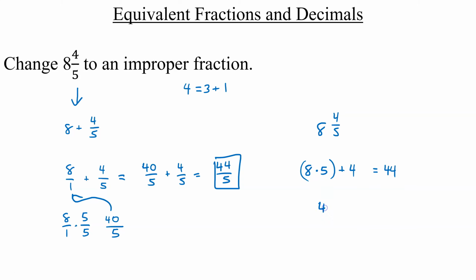And you put that over your original denominator to get your answer. So you see, we get to the same place. This is just a little bit faster. But again, you're using this principle here. This principle is why this shortcut works.